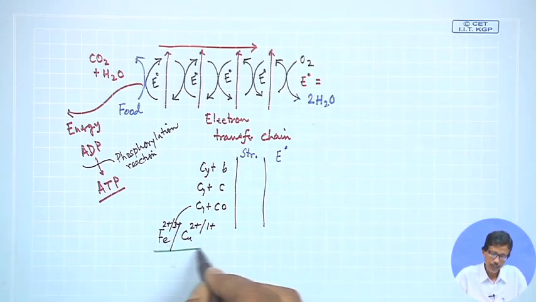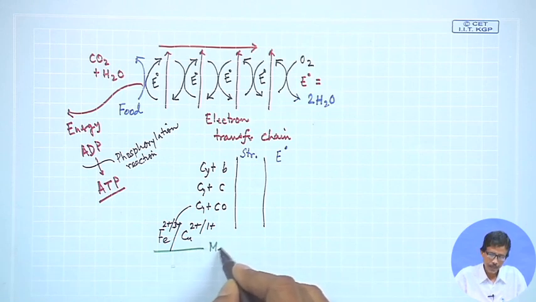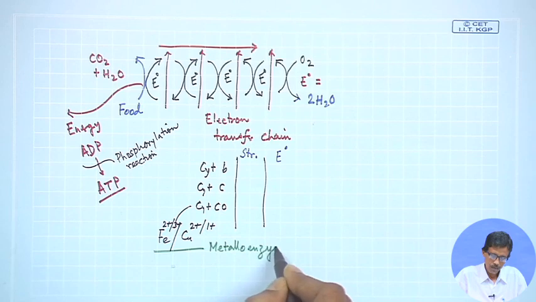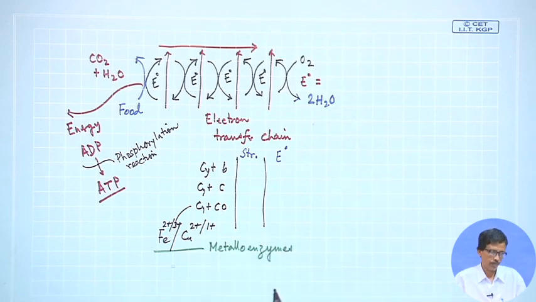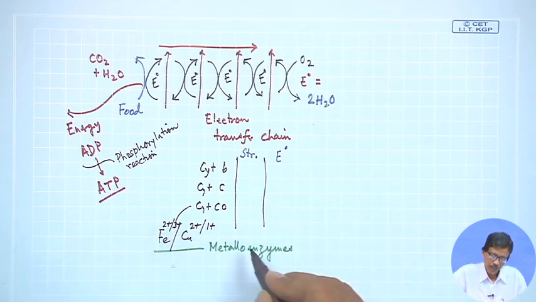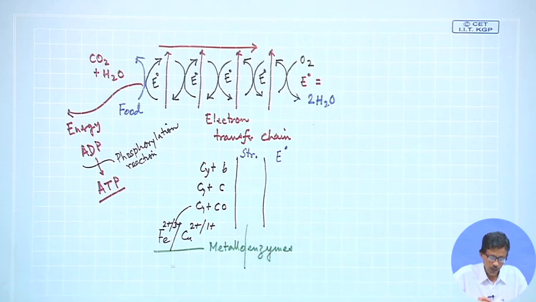So, what we can label these as are typical metalloenzymes. They are enzymes, definitely by definition, and we can discuss their nature in terms of enzymes.